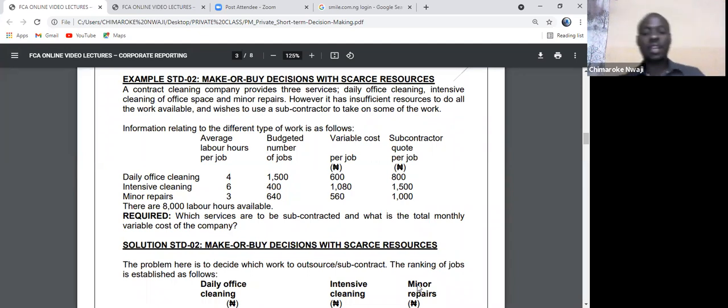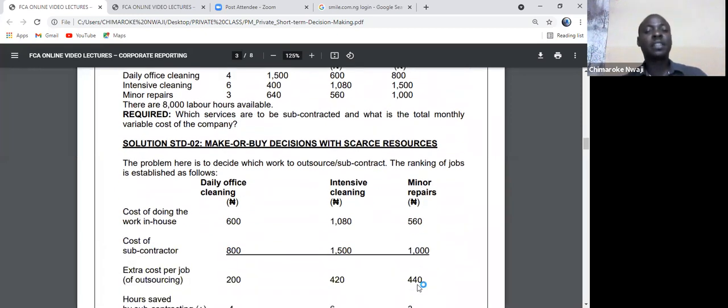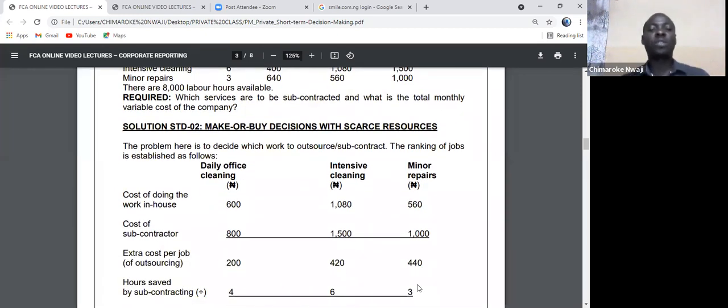So let's see the technique of doing it here. The problem here is to decide which of them to outsource. So there is what they call ranking. It is this ranking that will help you to know which one you are going to do. Now, let's see. If you are to do the job, look at the columns here.